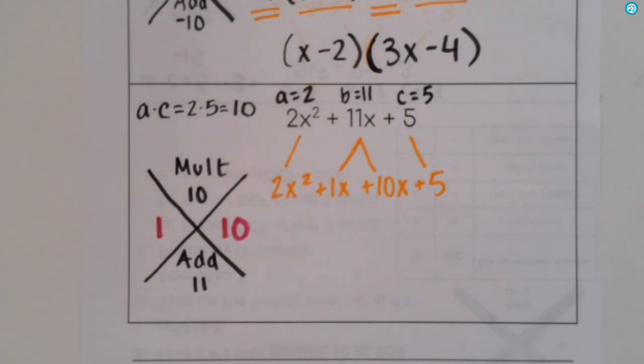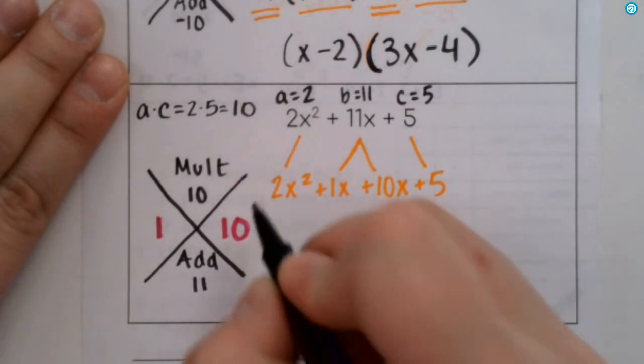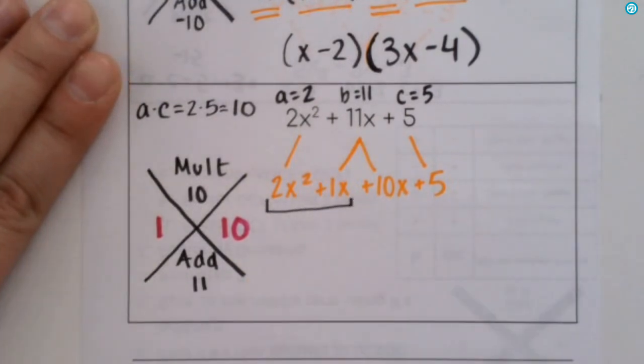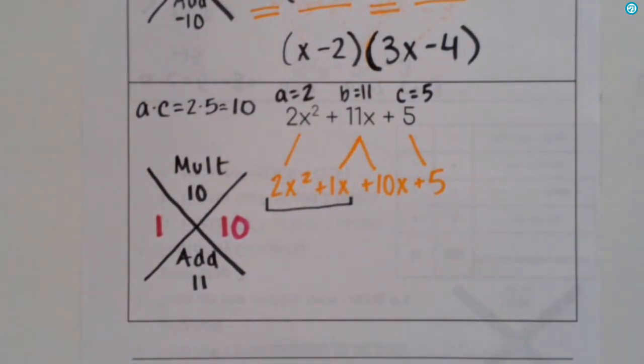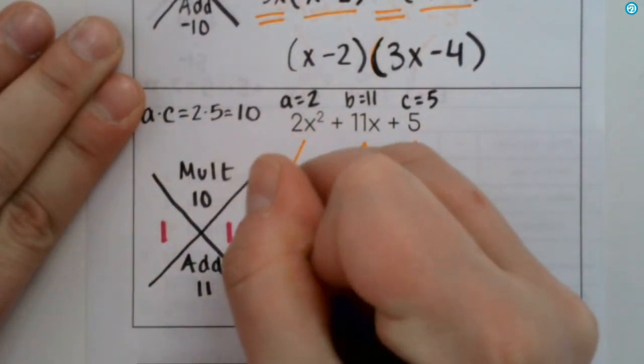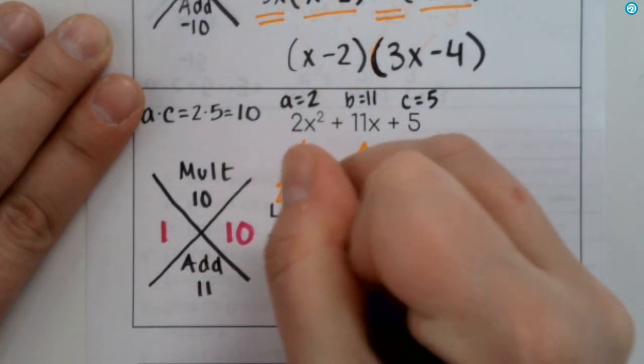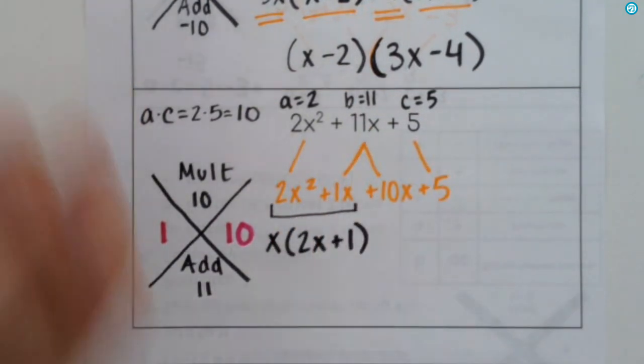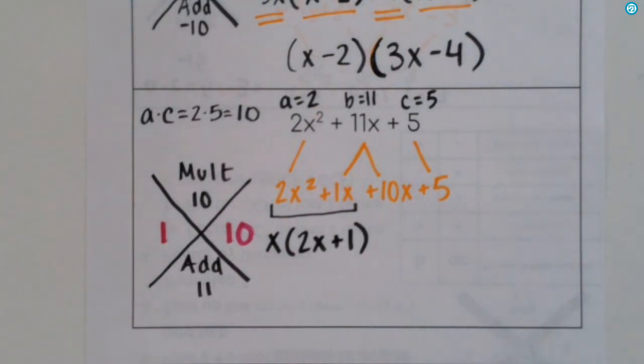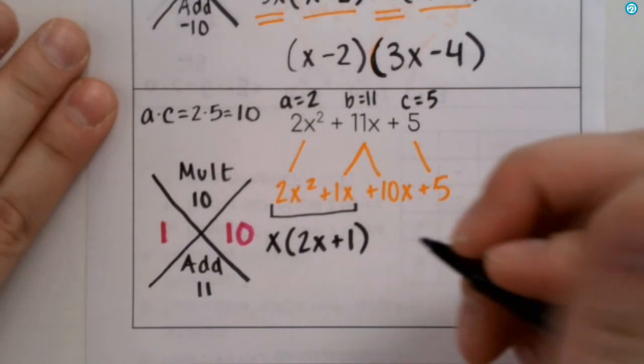Okay, and then I factor by grouping. So we've got 2x squared and 1x. Out of those, I can only divide an x out. So I'm going to divide out an x. I'll leave behind 2x plus 1. And then out of 10x plus 5, I can divide out a 5.